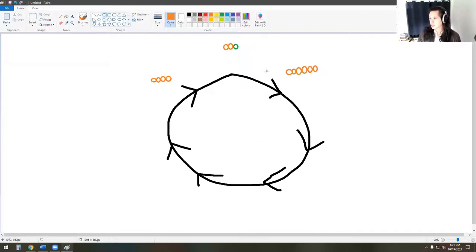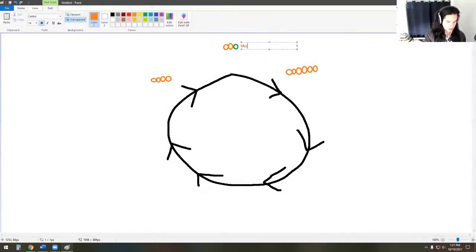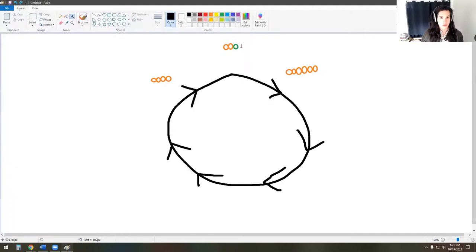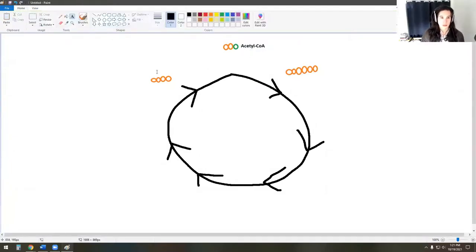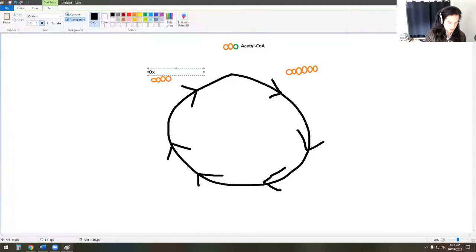Okay, so the basic concept is that pyruvate oxidation has occurred. You have this molecule called acetyl coenzyme A, acetyl-CoA. We have this molecule oxaloacetate.